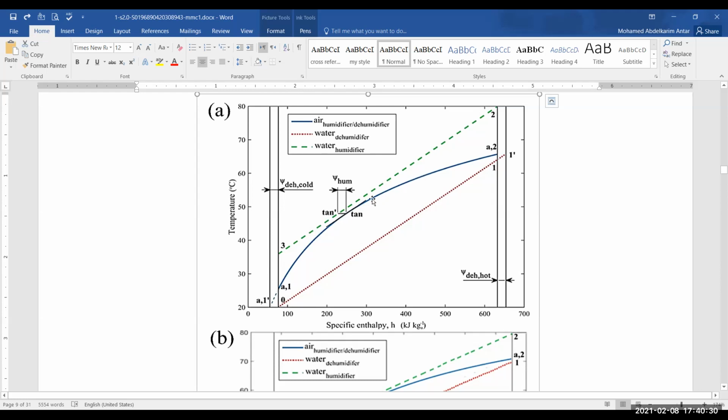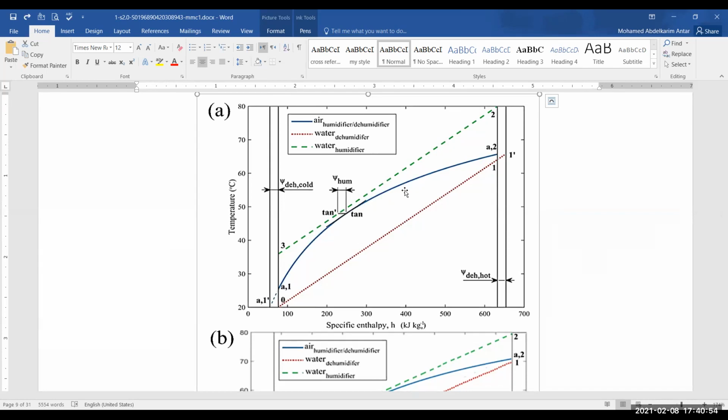Then we try to match tangent lines of this line until they are parallel. When they are parallel, it means that we have reached the condition of minimum entropy or minimum enthalpy pinch, which corresponds to minimum entropy generation. And that's the ideal case, or the case of highest effectiveness.